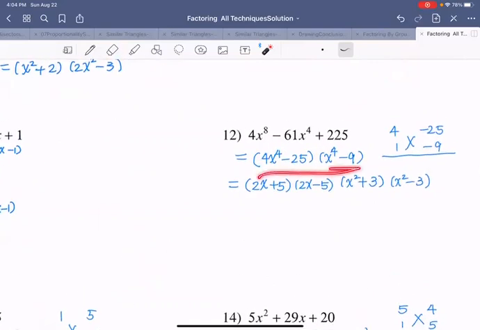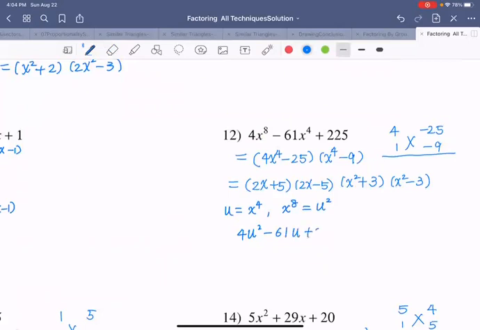For this one, if you cannot do this in one step, totally fine. Make u equals x to the power of 4. So x to the power of 8 will be u squared. So the original equation is 4u squared minus 61u plus 225.